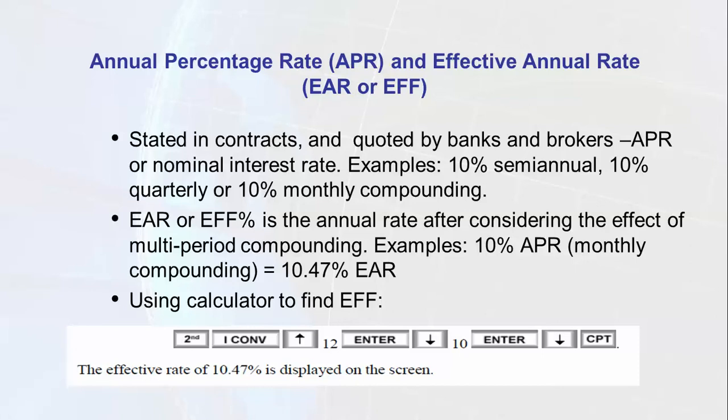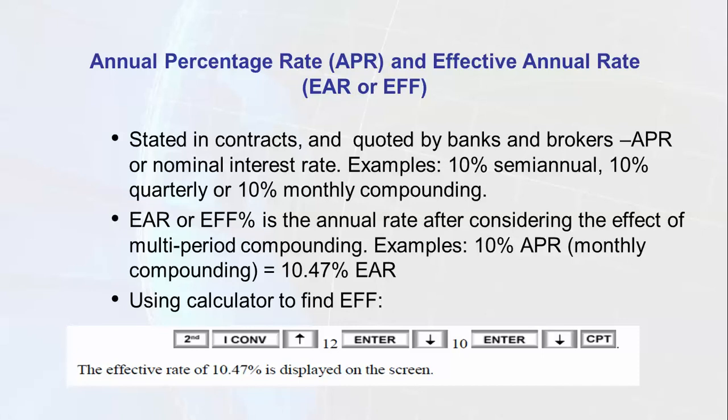So that's the compounding. The effective annual rate, or EFF, is the annual rate after considering the effect of multi-period compounding. For example, 10% APR with monthly compounding equals a 10.47% effective rate.